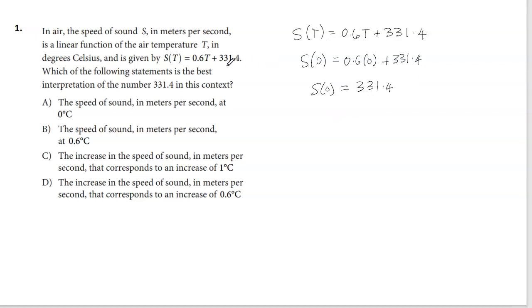So the constant is normally the starting point, and you get that by substituting 0 for the independent variable in the equation. Let's go through the answers. A says the speed of sound in meters per second at 0 degrees Celsius, which is exactly what we have here.